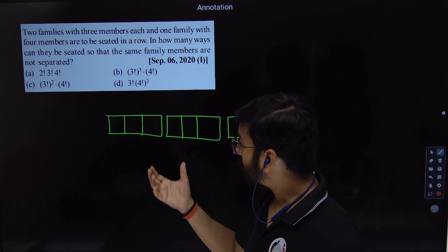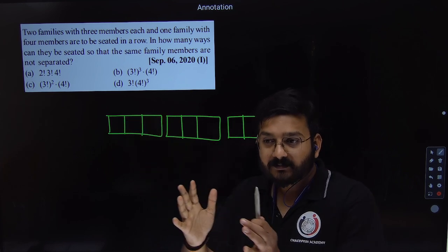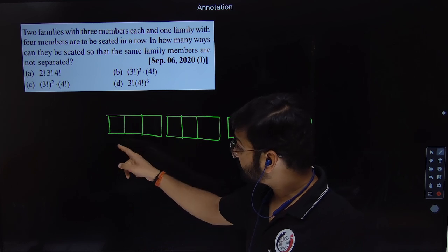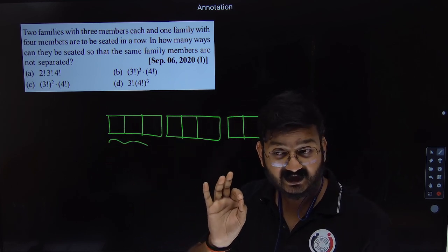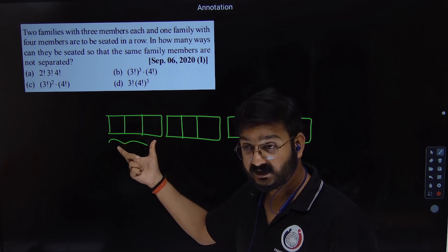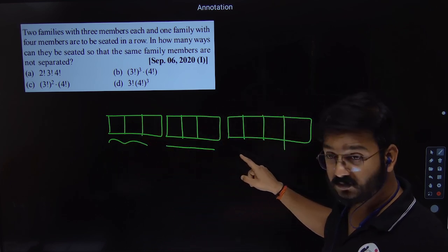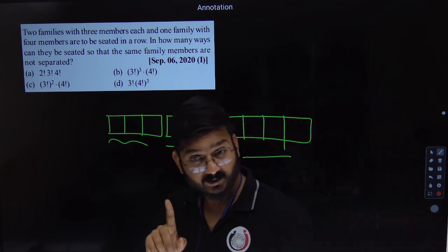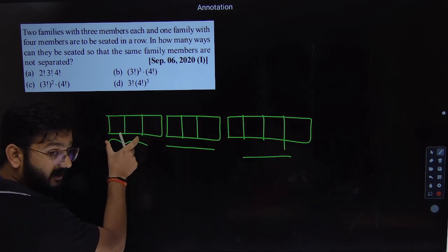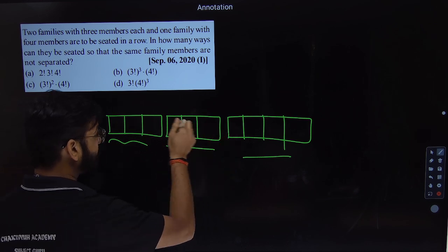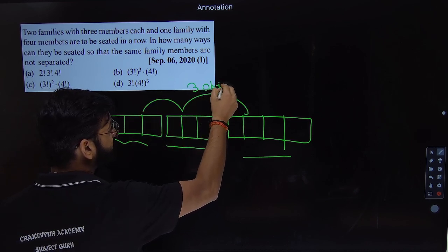We put all of them inside a box so that they are not separated, and we consider this as a single entity. So how many objects do you have? Just count. 1, 2, 3. So total 3 objects or 3 families we have.